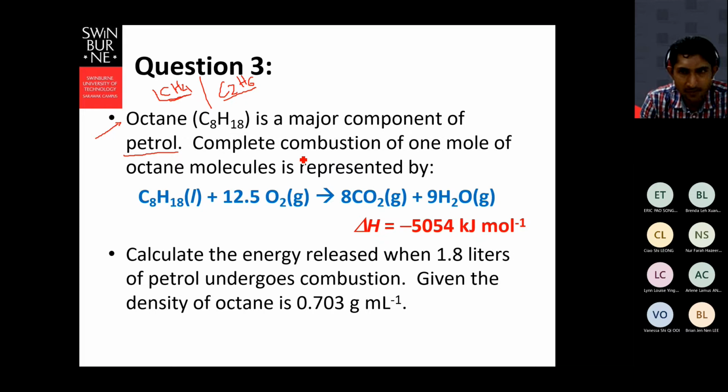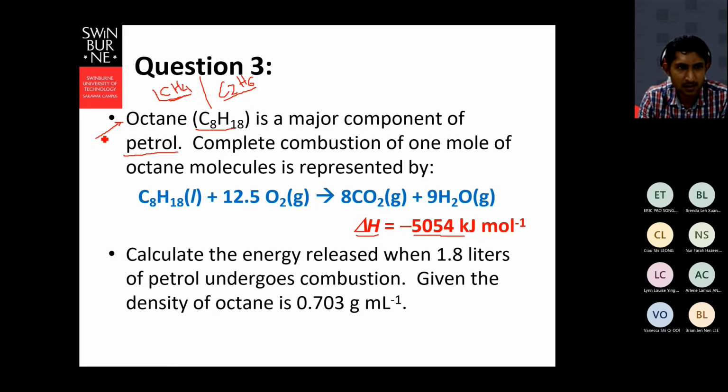So nowadays in Malaysia we have 97 and 95. 95 is the petrol that we call, which is a mixture of many things. 97 has much more purified octane, so it has much more heat content. That means its enthalpy produces much more heat per mole than 95, and that's why it's expensive.